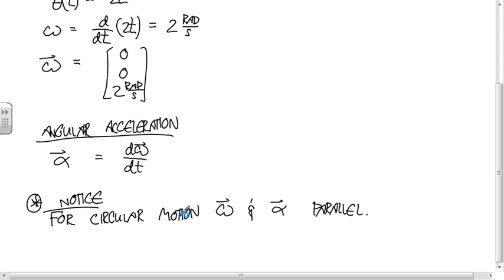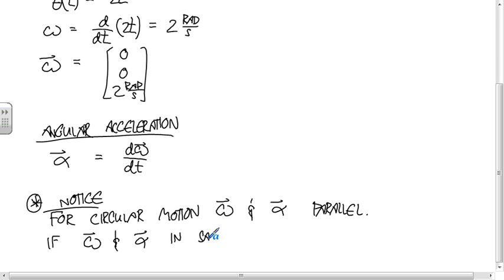If you have a full 3D motion, like a spherical motion, those aren't going to be parallel necessarily.